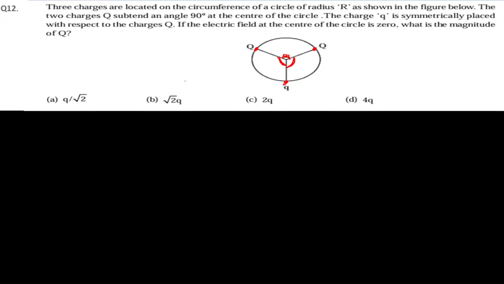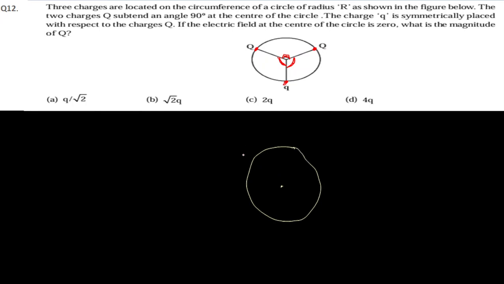So first calculate the electric field. Again we have 3 charges here, 2 capital Q and small q, and the net electric field will be 0. Let me draw this figure again here. So this is the circle and this is the center of the circle.